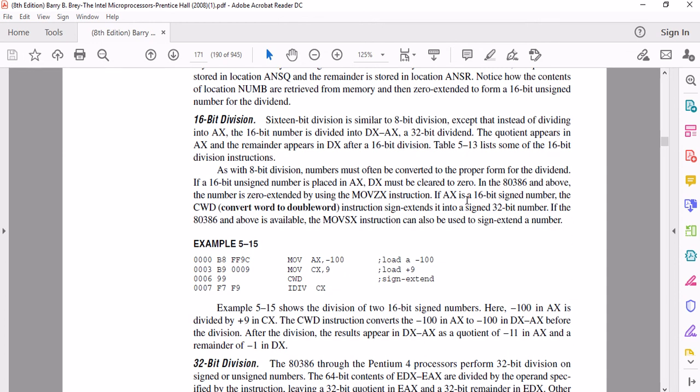Here in this example, the task is, if a 16-bit unsigned number is placed in AX, DX must be cleared to 0.